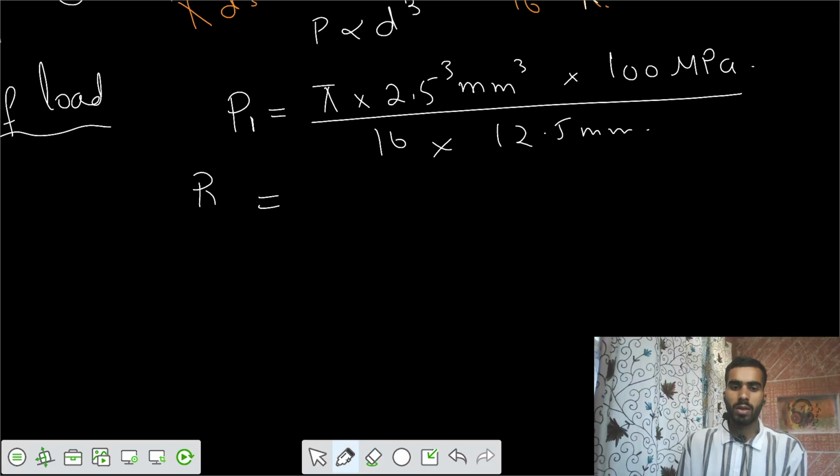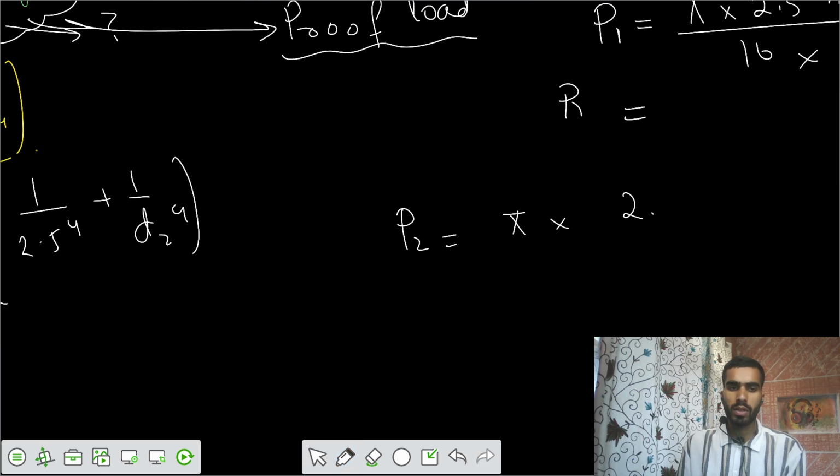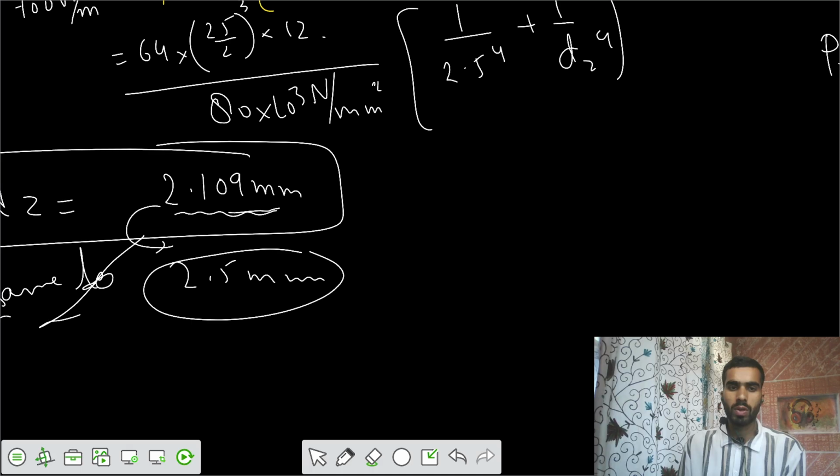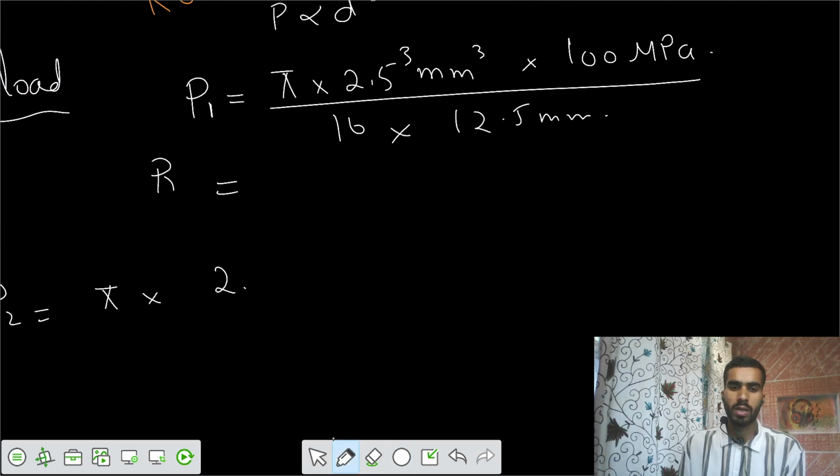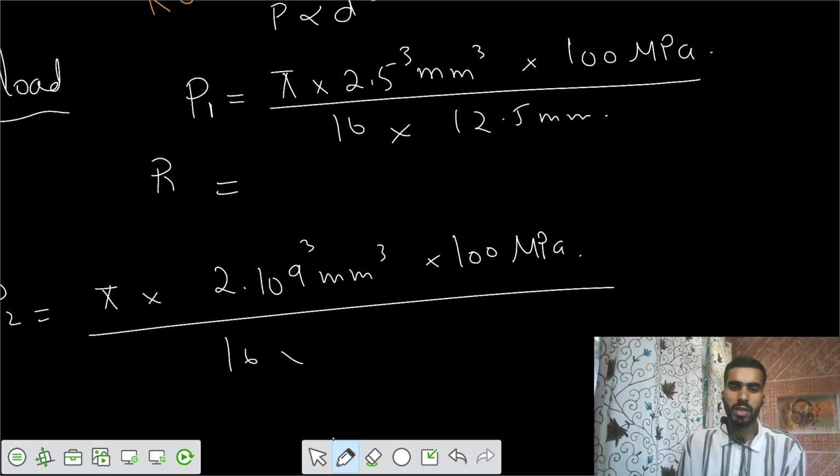And similarly for wire 2, we have pi times diameter 2 we calculated. Diameter 2 was 2.109 millimeter cubed, and you have 100 megapascal there, tau max, and 16 times radius, which is also same.